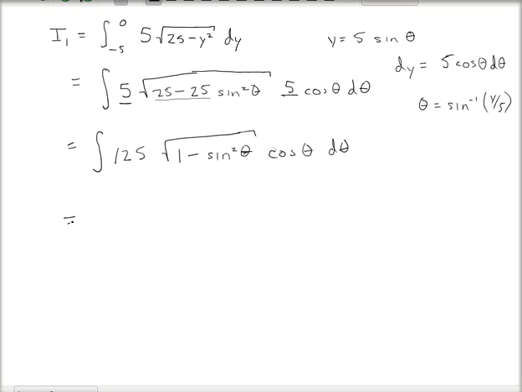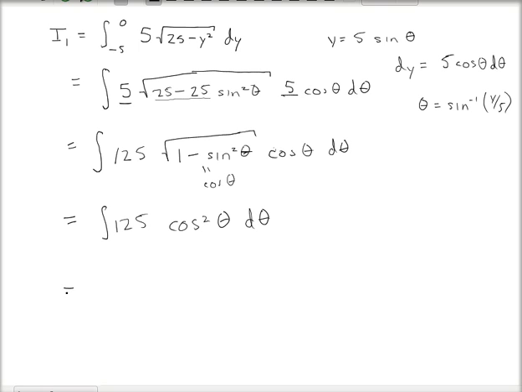Alright, let's do a little bit more simplification. So 1 minus sine squared theta is cosine squared, and then I'm taking the square root, so that's just going to give me cosine theta here. So we've got cosine theta times cosine theta is cosine squared theta d theta, so this is starting to look a lot better.